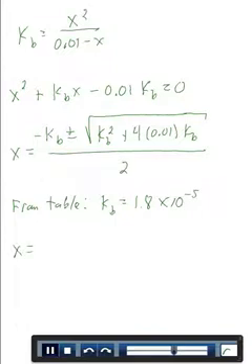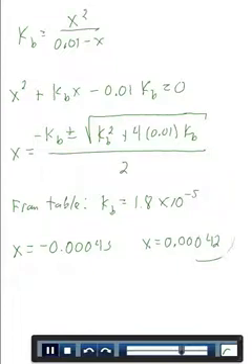And solving the quadratic expression will give me these two roots for X. I'll get a negative root, and I'll get a positive root, and so since X is the concentration of NH4 plus and OH minus, it has to be positive, and therefore only the positive root is physically meaningful.